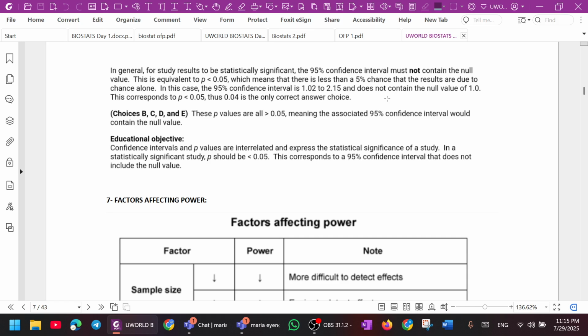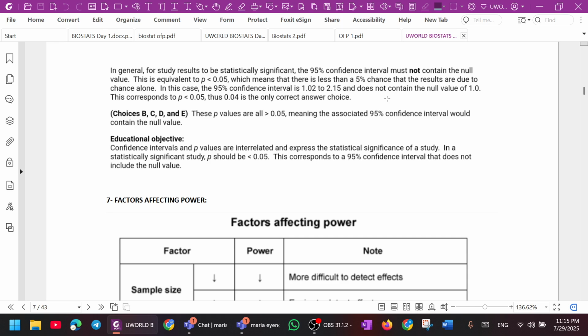The B, C, D options have p-values more than 0.05, meaning the associated 95% confidence interval would contain the null value. Confidence interval and p-values are interrelated and express the statistical significance of a study.